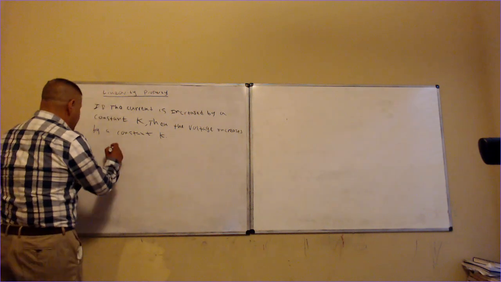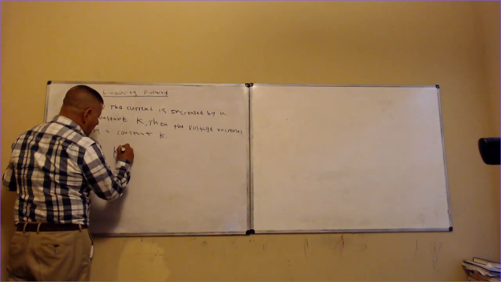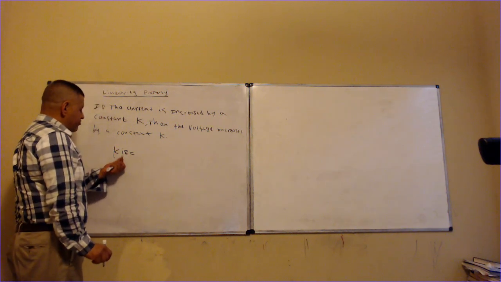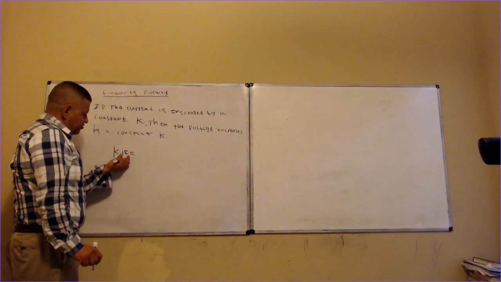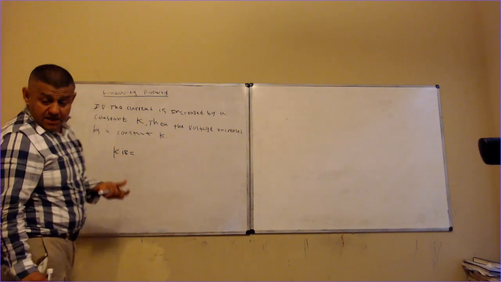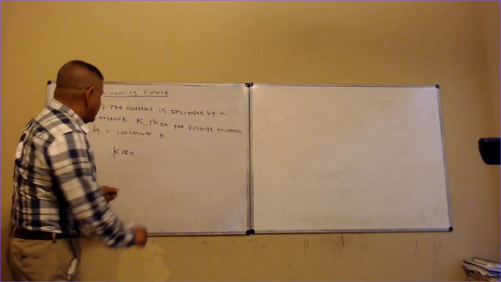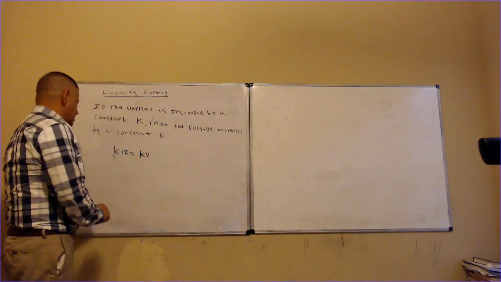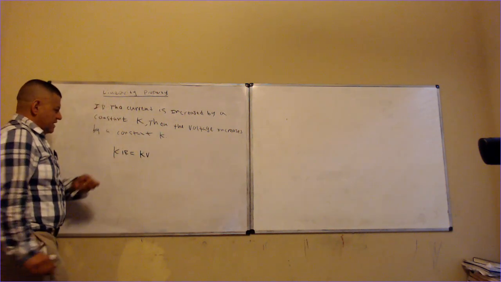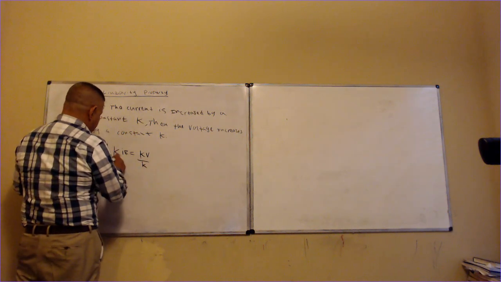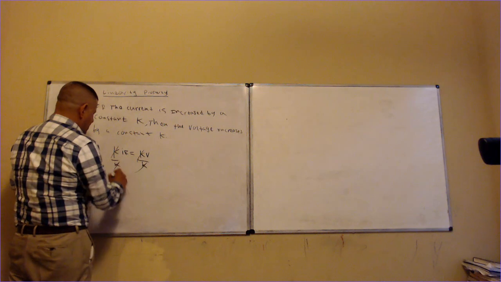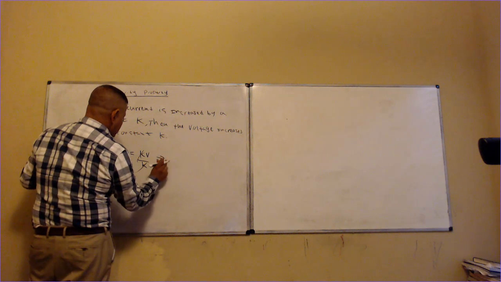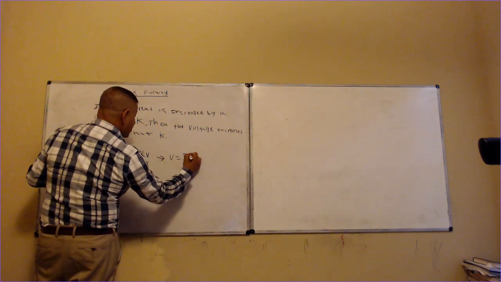It says that K I R, and you remember this is Ohm's law, this right here is just Ohm's law, is equal to K V. In other words, if I divide by K on both sides, what do I get? I get V is equal to I R.